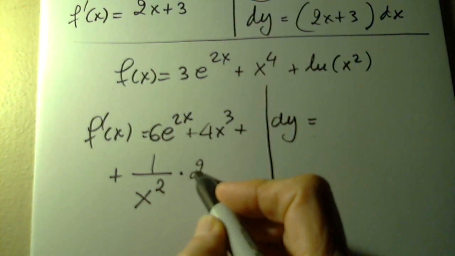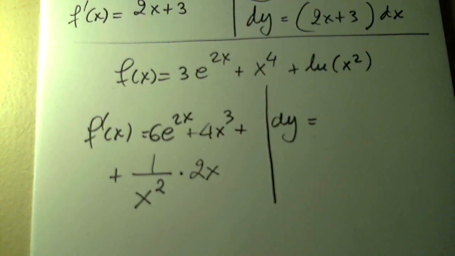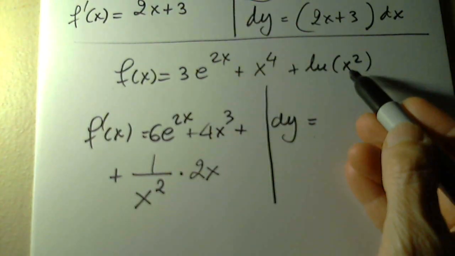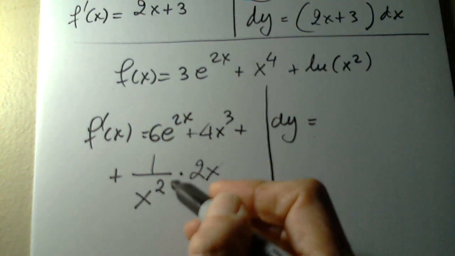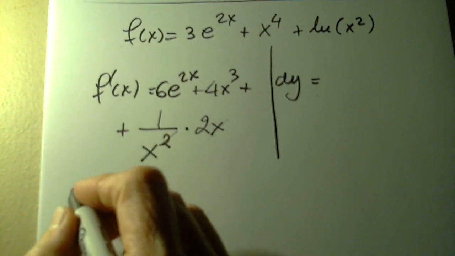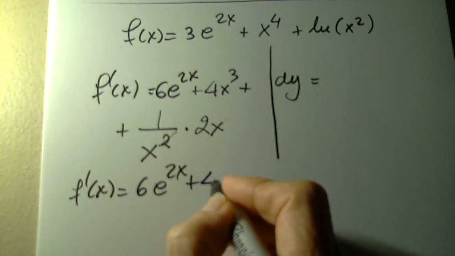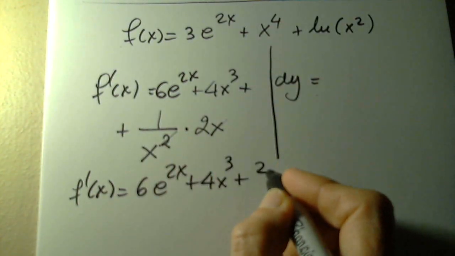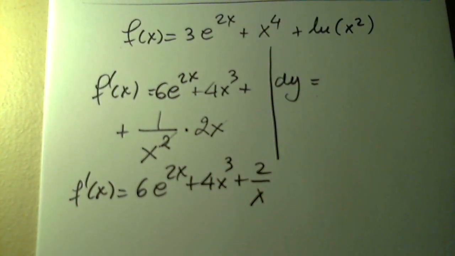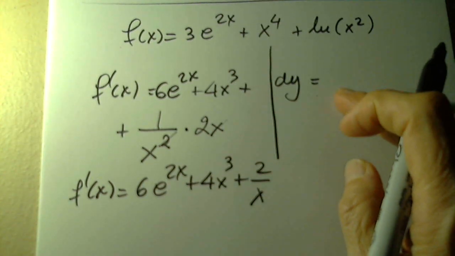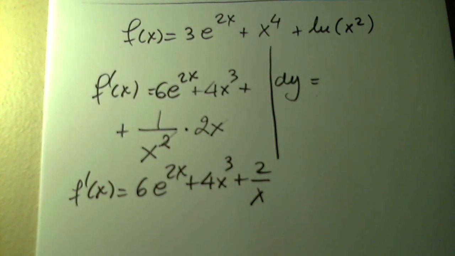The inner function prime is 2x. I will simplify. So the final form for f prime is 6e to 2x plus 4x to the third plus 2 over x. Everything is done. How do I write the differential now?